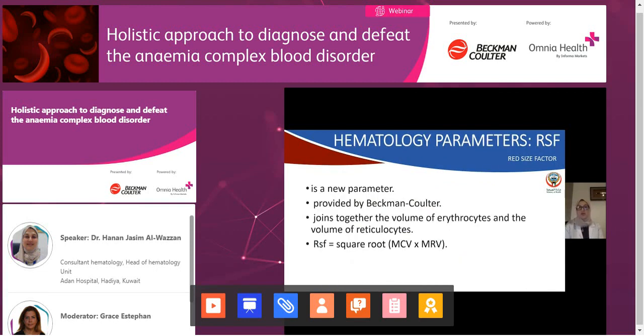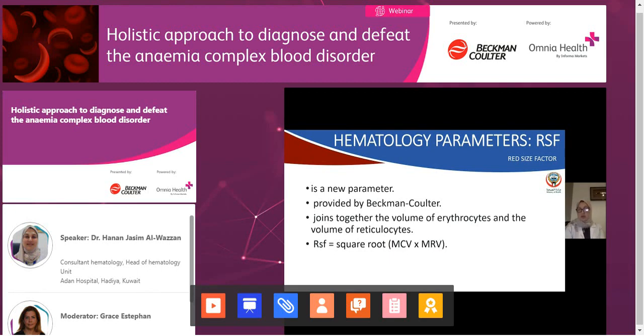In addition, there is the red size factor. Red size factor is also a new parameter, and it's provided by Beckman Coulter. It joins the volume of erythrocytes with the volume of reticulocytes, the square root of the MCV multiplied by the MRV.